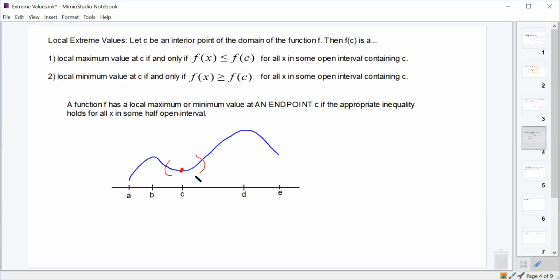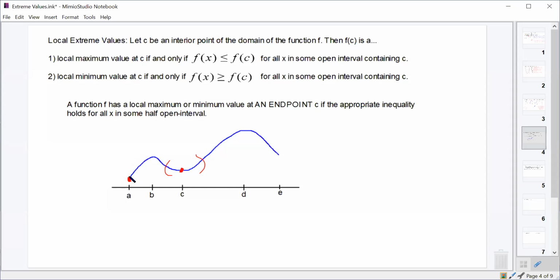Would you agree with that? That's the lowest point on that interval surrounding C? Yes. Hopefully so. Okay, cool. So that being said, it's a local minimum, but it's not the absolute minimum because the absolute minimum occurs at the endpoint at A. Okay?